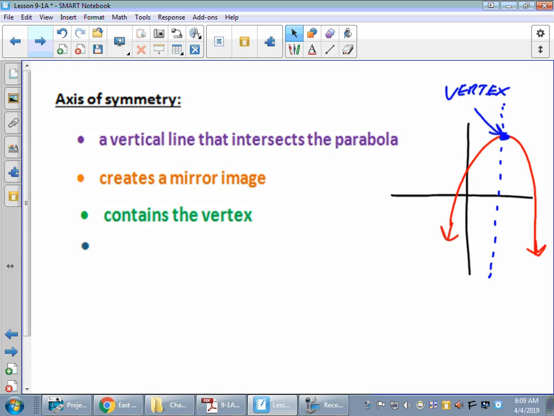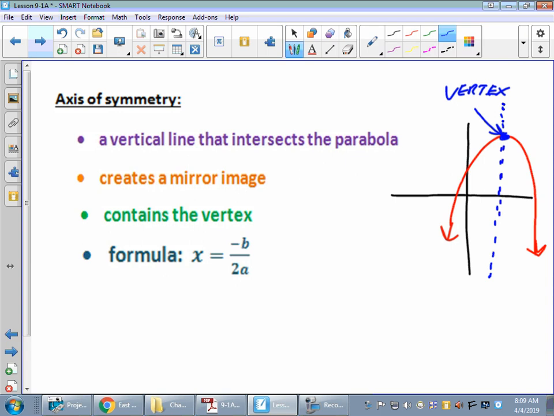And then we can find the axis of symmetry by this formula: x equals negative b over 2a. So our x value of the vertex would be negative b over 2a. That gives you the axis of symmetry. That's your line, right? Remember, x equals lines are straight vertical lines. So this line here, I know it's not the straightest, but that would be an x equals something line. It'd be a straight vertical line that goes through that x value. And remember, how do you get these letters?